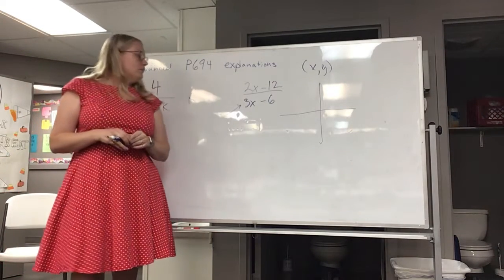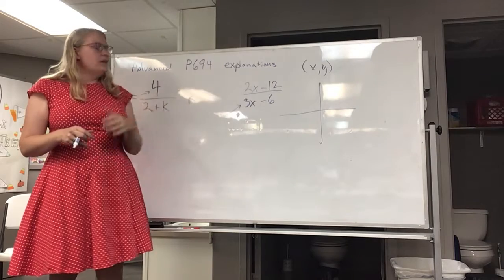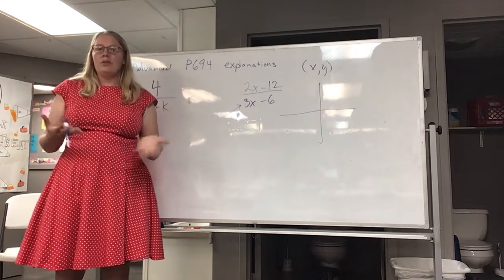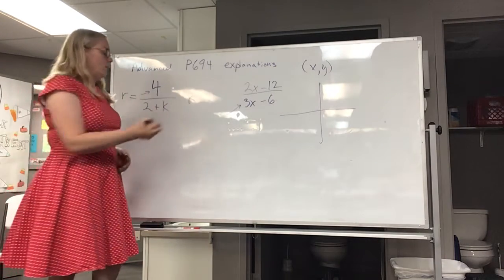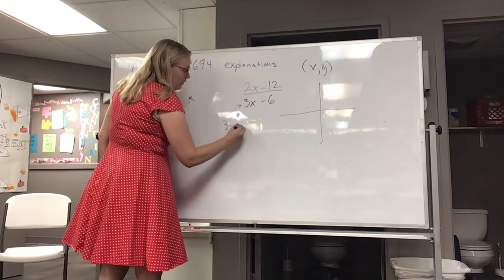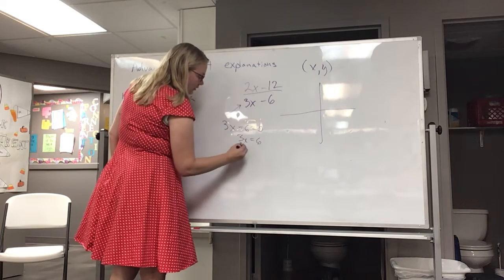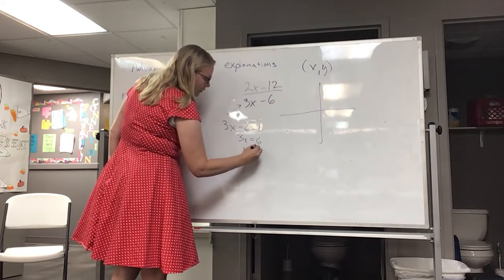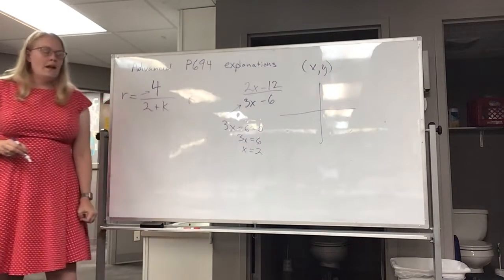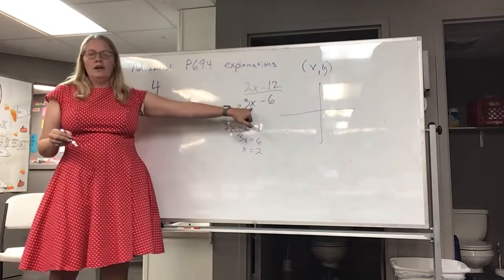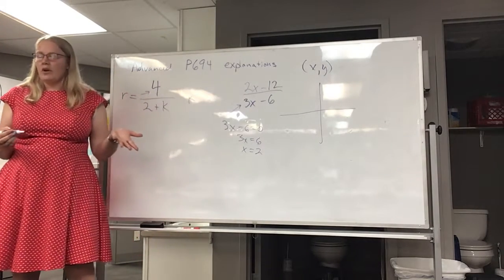graph. So if you can plug this into a graphing calculator and you feel confident about it, that's one way to do it. I would just solve, okay, 3x minus 6 equals 0, 3x equals 6, divide by 3, x equals 2. And so x equaling 2 is what would cause our divide by 0 error.